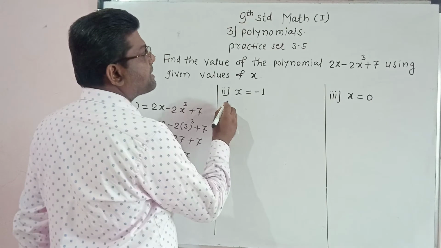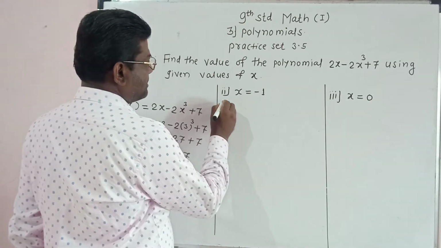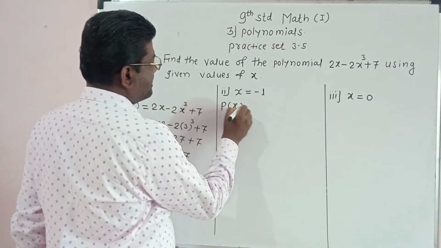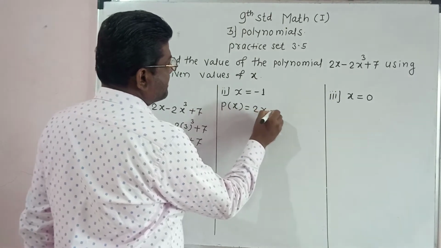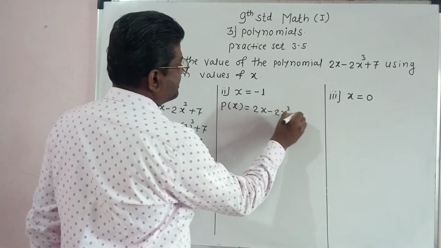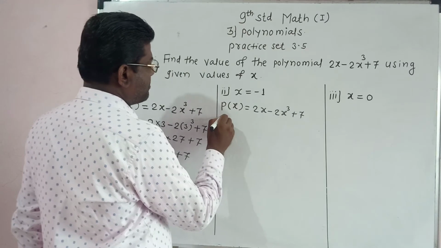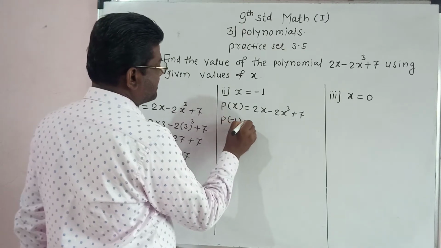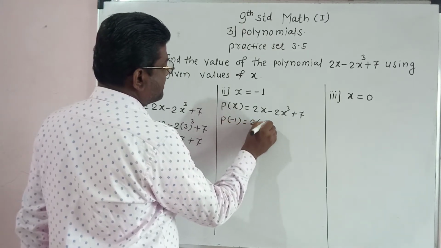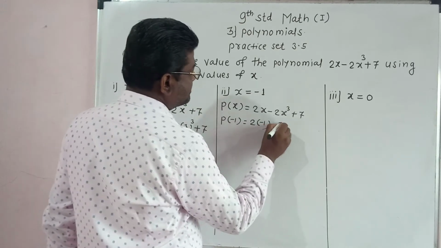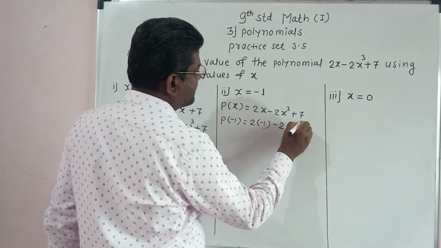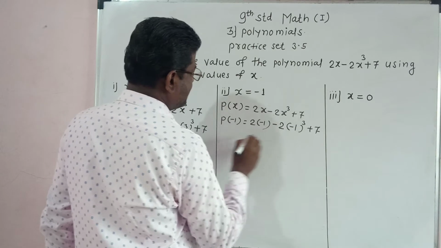Now number 2, x is equal to minus 1. So given polynomial p of x is equal to 2x minus 2x raised to 3 plus 7. Now put x is equal to minus 1: 2 into minus 1 minus 2 into minus 1 raised to 3 plus 7.